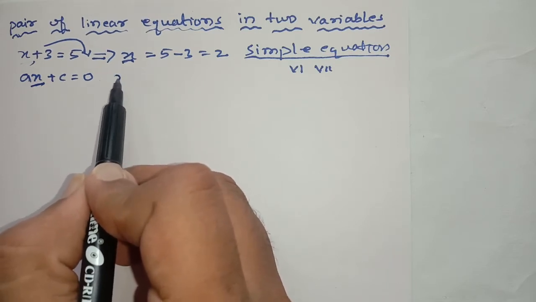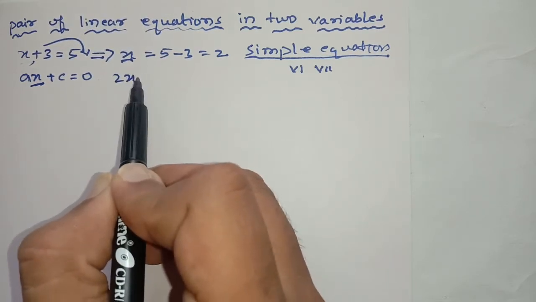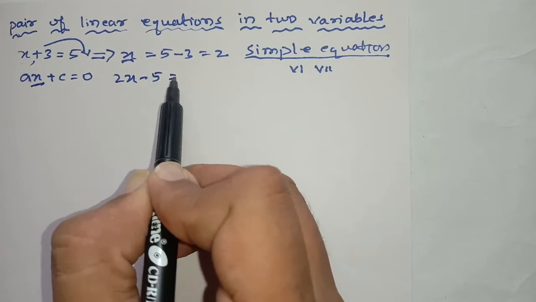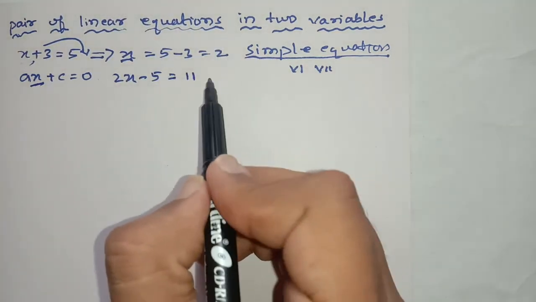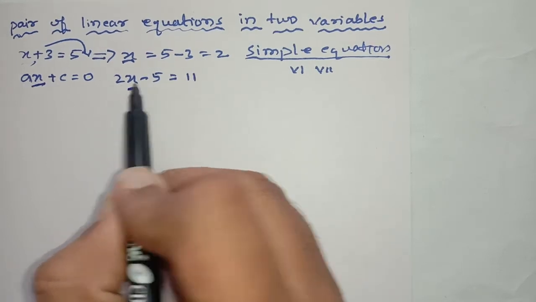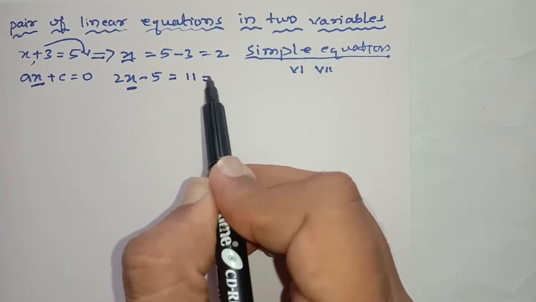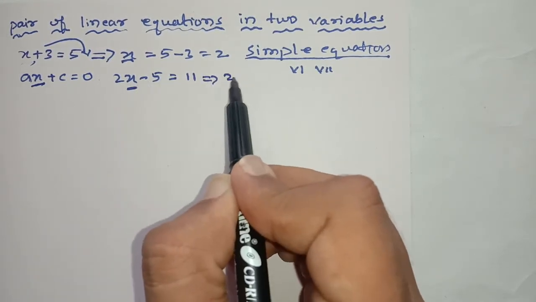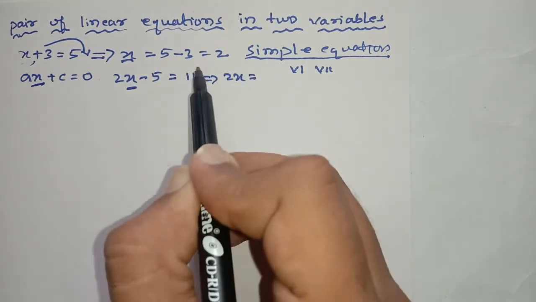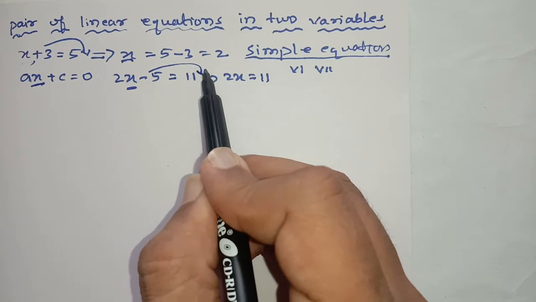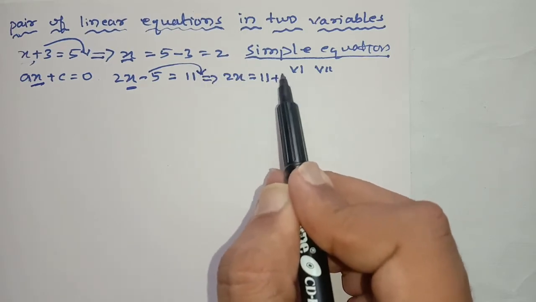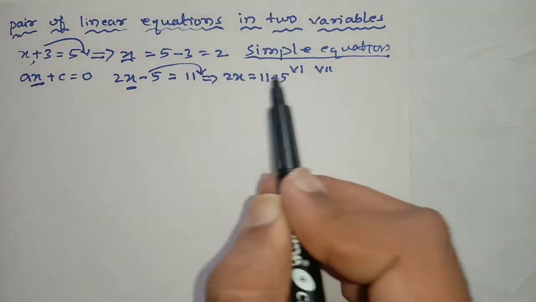Suppose I am giving one problem here: 2x minus 5 is equal to 11. What will you do to find the value of this variable? You will keep 2x as it is, and 11 will be as it is. You will transfer minus 5 to the right hand side, and it will become plus 5.